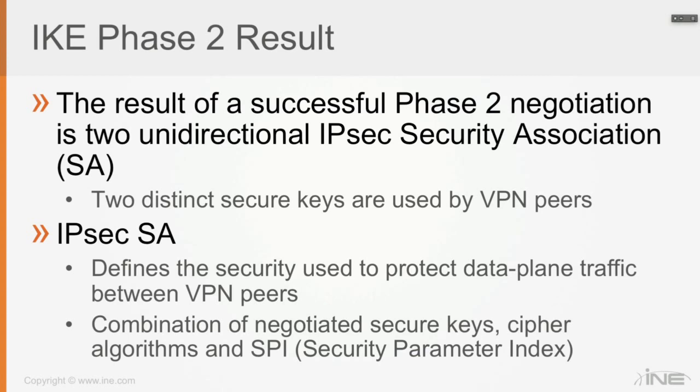So all of those negotiated parameters of phase 2. That's the IPsec SA. It's a combination of negotiated secure keys, cipher algorithms, and the SPI value, which stands for Security Parameter Index, another topic which is not in the scope of the CCNA exam. You just need to know that the SPI value is part of the IPsec SA.